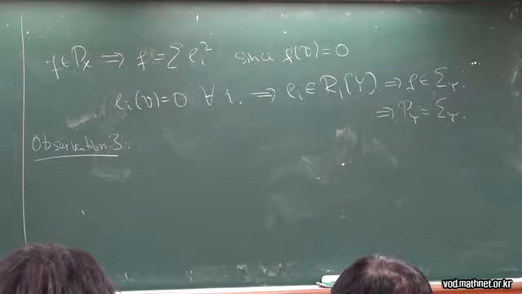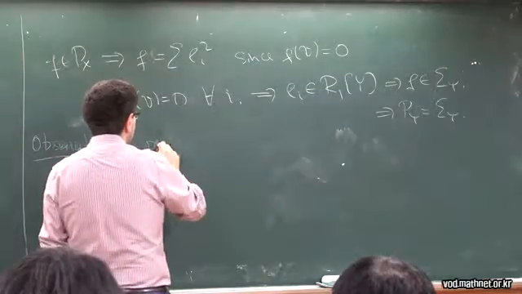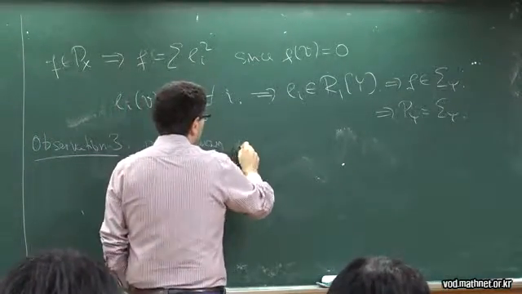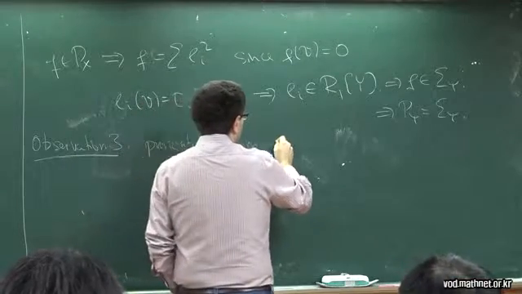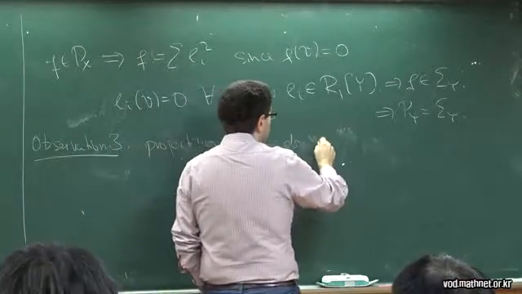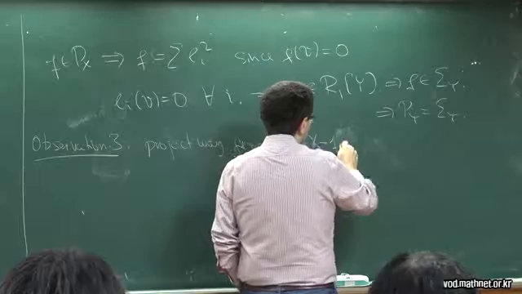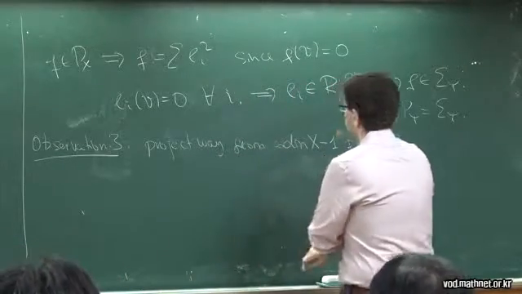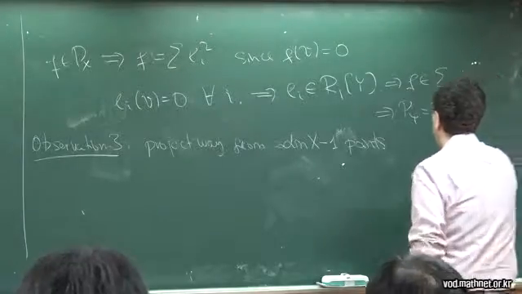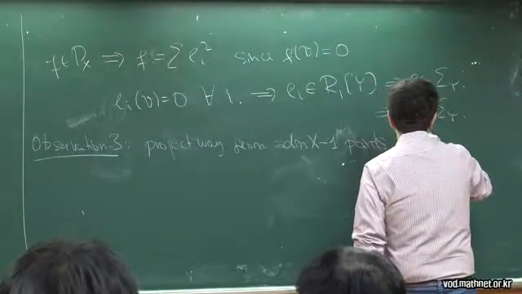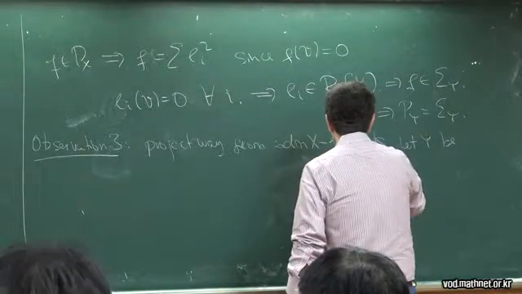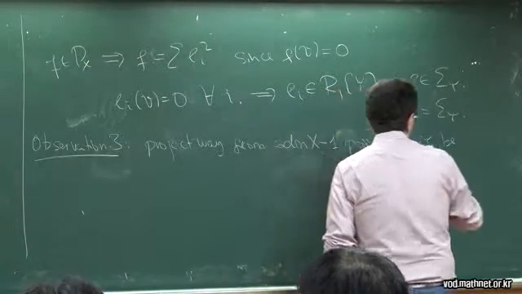So now project away from codimension x minus 1 points. Let y be the image. It doesn't matter too much, but let's just make the points generic.